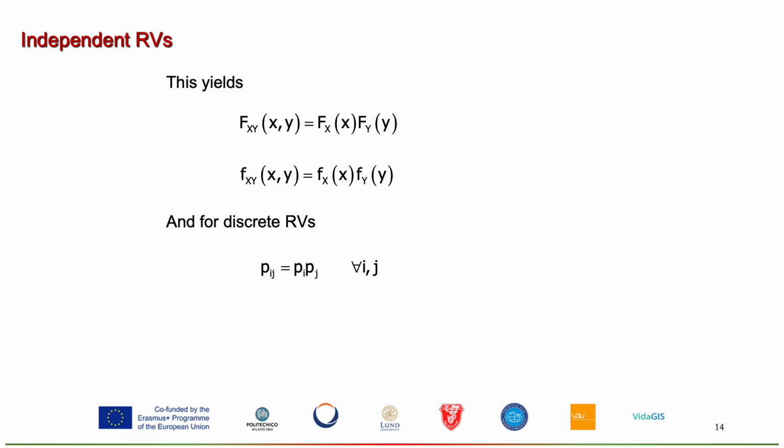Clearly, for discrete random variables, where the probability is a pointwise function, the probability of a joint value of x_i and y_j is equal to the probability of x equal to i multiplied by the probability of y equal to j.